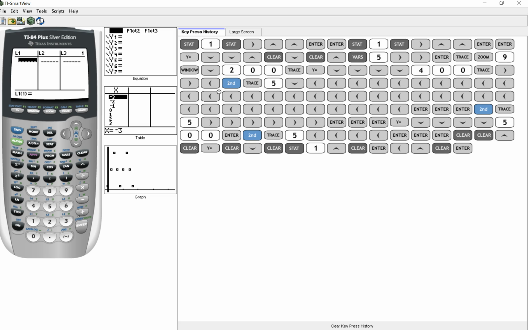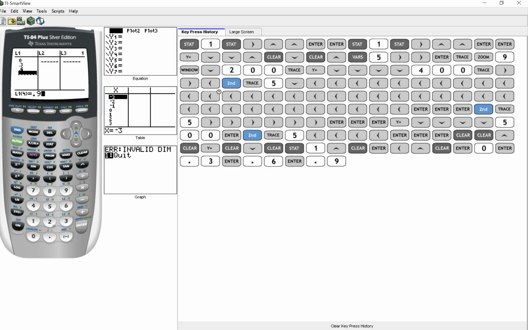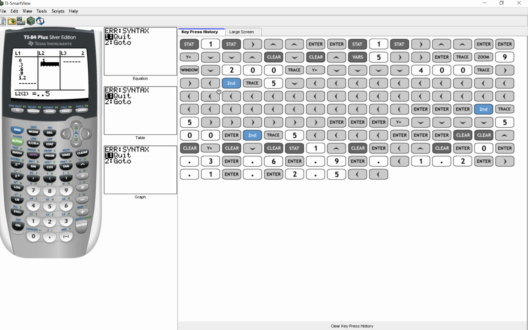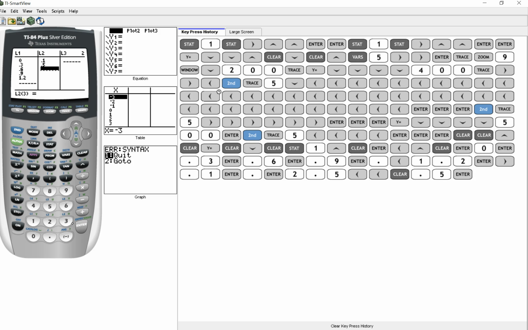Okay, so here I've got 0, 0.3, 0.6, 0.9, 1.2 for my times, and then for my distances I've got 0.1, 0.5, oops, I made a mistake there, 0.9, 0.5, and then back to 0.1.